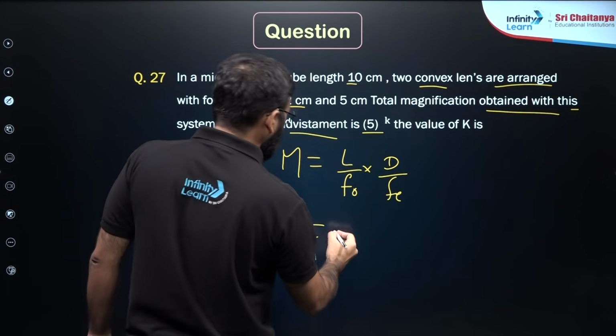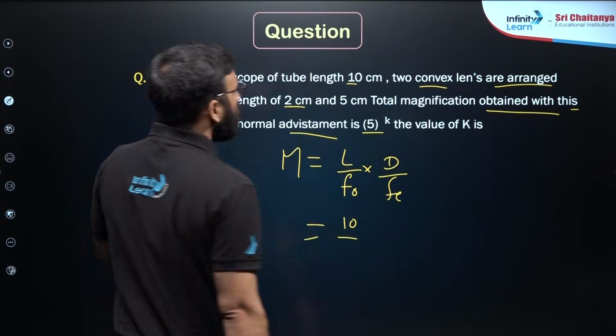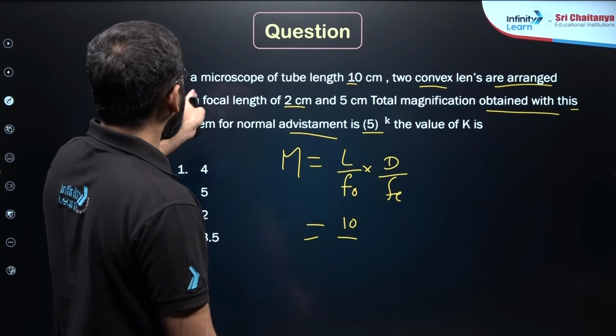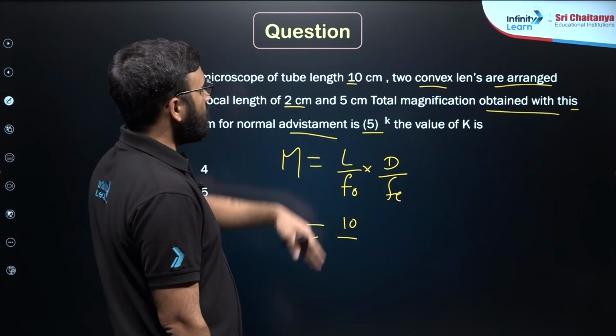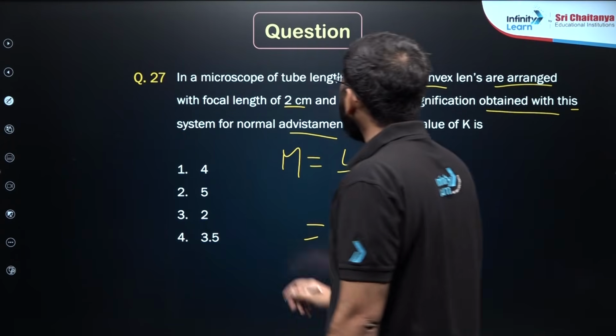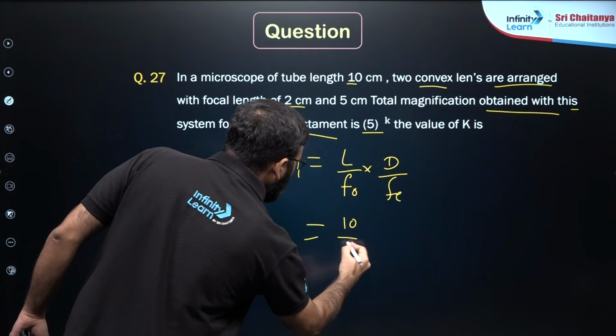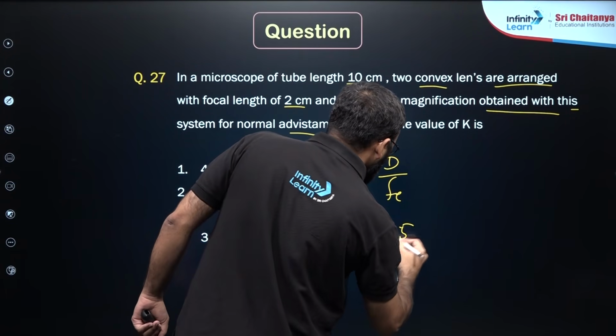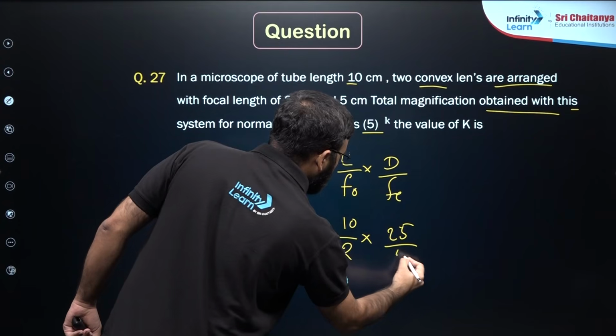Length of tube is 10 centimeter, and the focal lengths of the two lenses are 2 centimeter and 5 centimeter. The focal length of the objective is 2, into D is 25, divided by the eyepiece focal length of 5 centimeter.